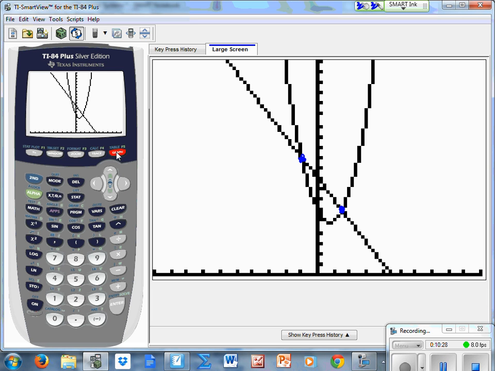Since our graphs are pictures of the solutions, these pictures intersect at these points. The pictures are the same at those 2 points, which means that those are the values that make both of the equations true. I keep saying solutions. Do not write that on your test.